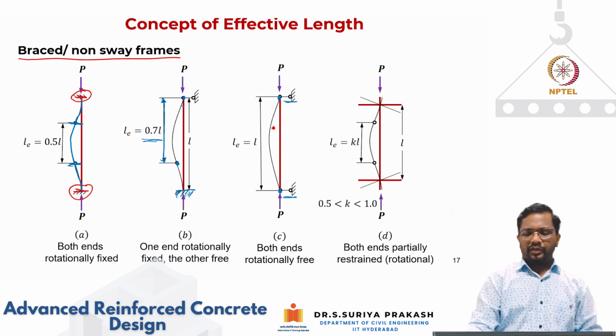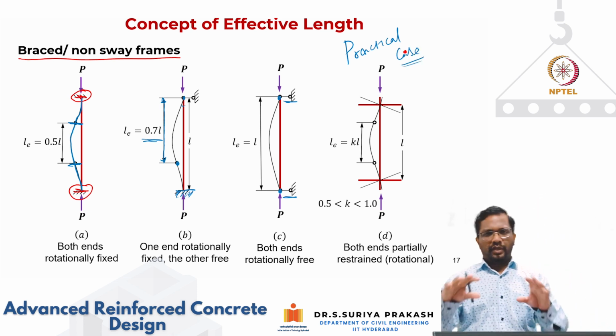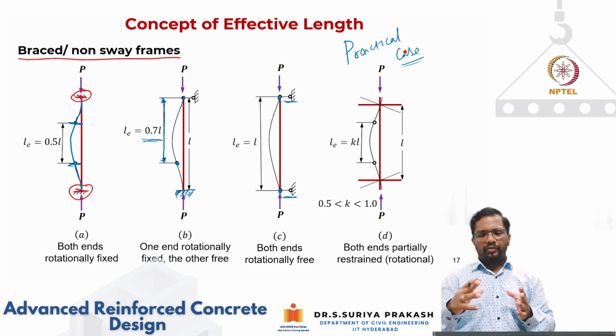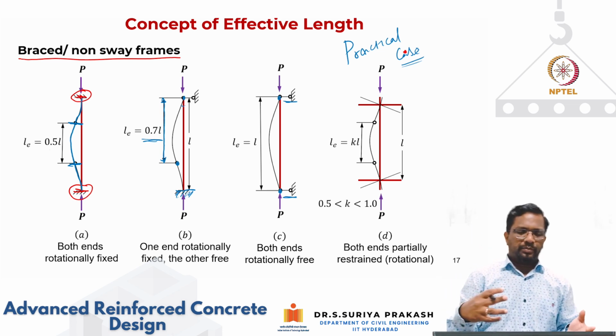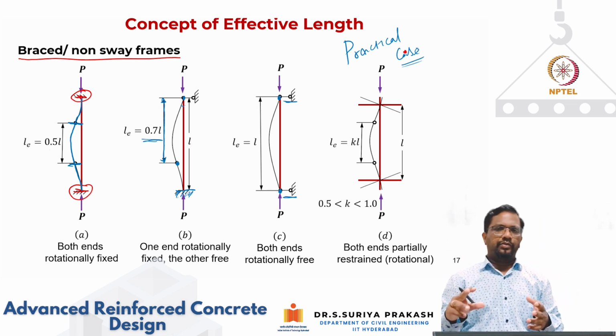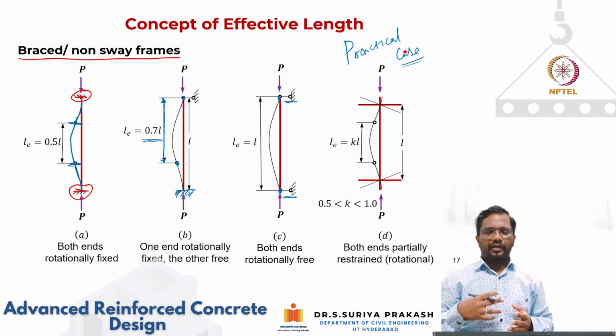Now, this is a more practical case. The pin and fixed are theoretical considerations, but in reality your joints will be neither pinned nor fixed. It will be somewhat in between. That fixity you have to determine based on the relative stiffnesses of the members that are connecting in the joint.